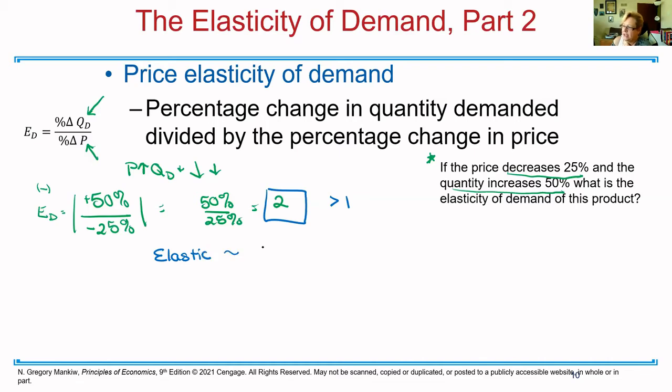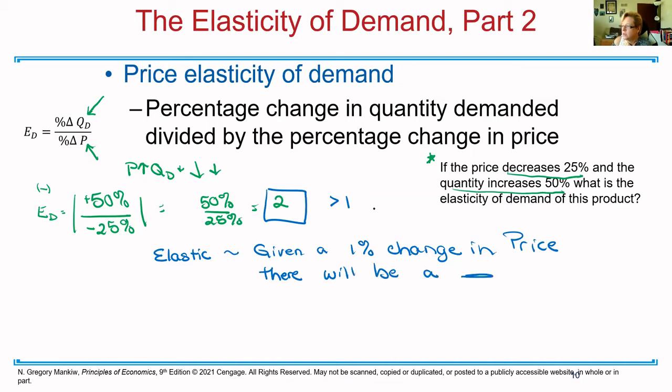And we can say that given a 1% change in price, there will be, and I'm just going to insert my answer here, 2% change in the quantity demanded holding all else constant, or ceteris paribus.